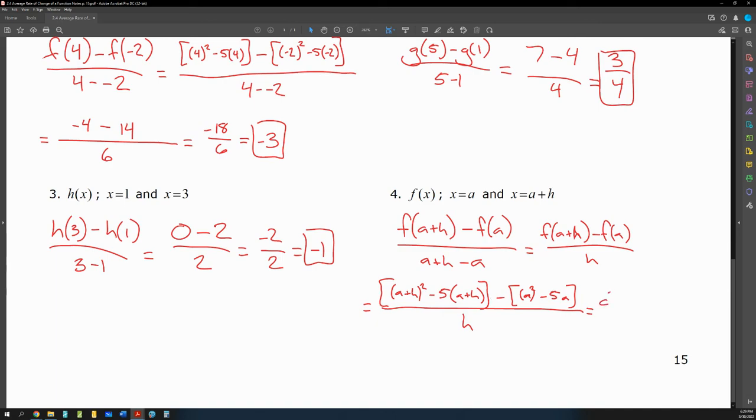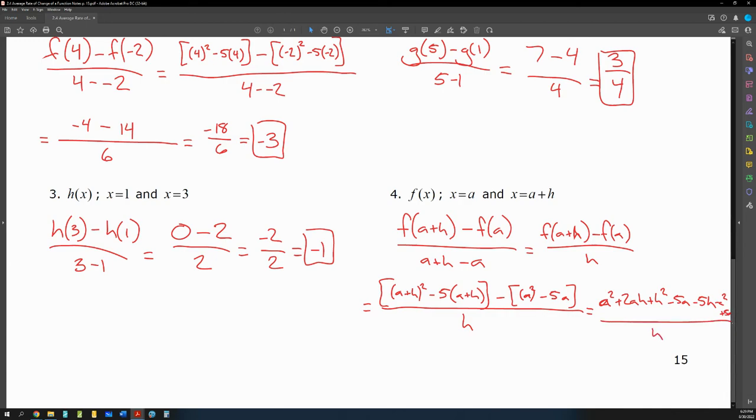So this is a squared plus 2ah plus h squared. Don't forget that middle term. And then distributing the negative 5, we get negative 5a minus 5h. We have a minus a squared, and then we have a plus 5a. And that's all over h.